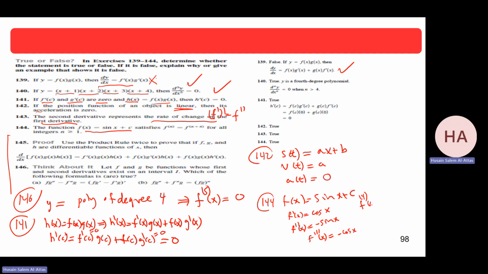Fourth is what? Sine. Fifth is cosine. Look, the fifth comes back to the first. Every 4 times it will repeat itself. Because of that, the nth derivative is equal to the (n plus 4)th derivative. Because each 4, so this is also correct.